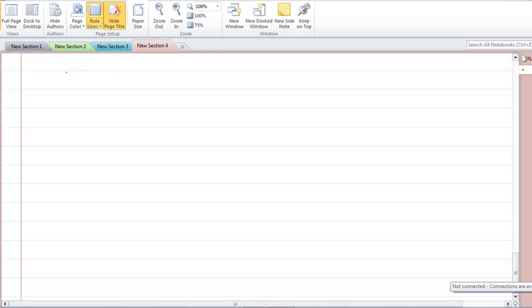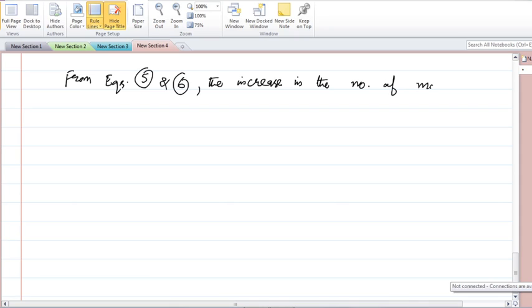So from equations 5 and 6, the increase in the number of moles, that means n gamma, will be given by, you have to simply divide it with the time interval, so it will be equal to mu gamma mu.